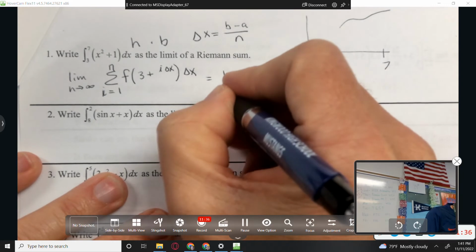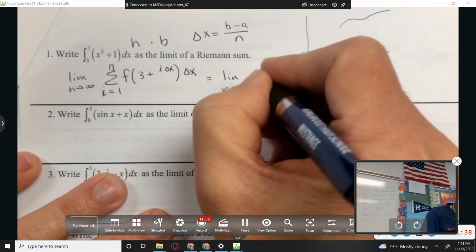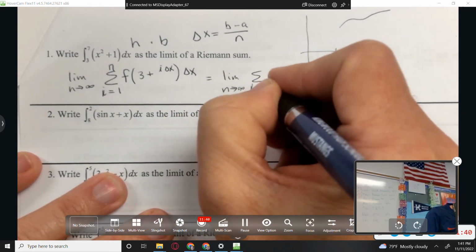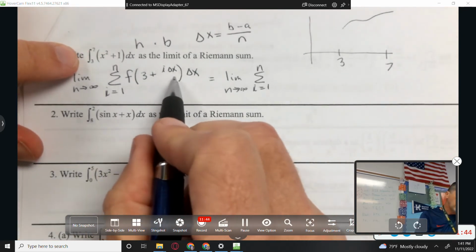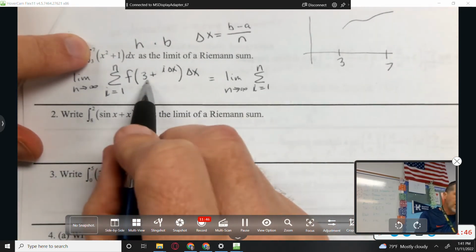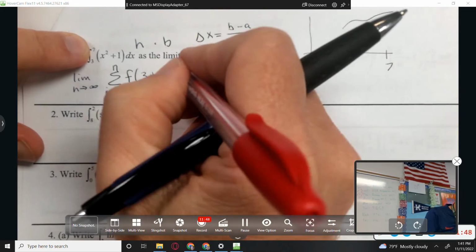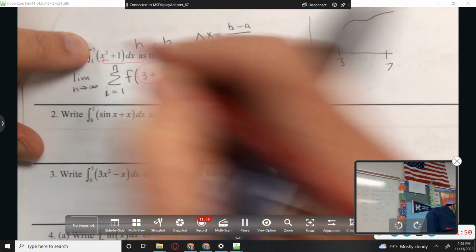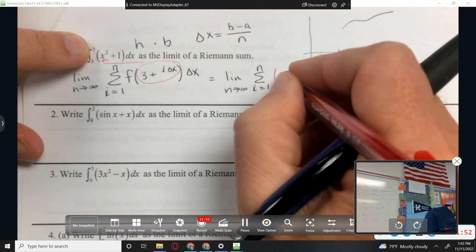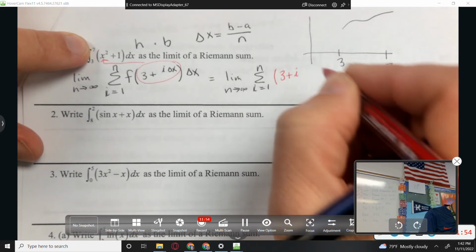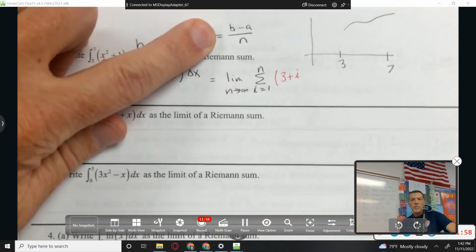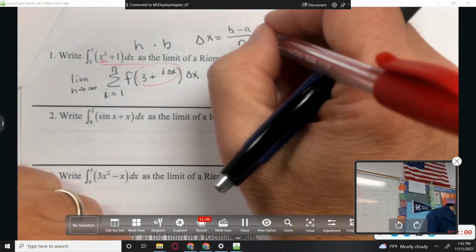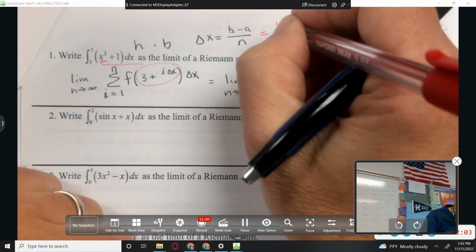So limit as n goes to infinity, sum from 1 to n. Okay, f of 3 plus i delta x. So I'm going to plug in 3 plus i delta x right there. I'm also going to replace delta x with b minus a over n, which is 4 over n.